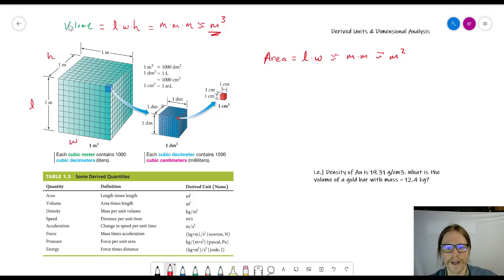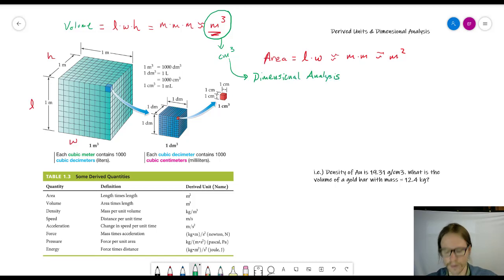What about if I have, say, this volume in meters cubed, but I want to convert this to, say, a volume in centimeters cubed? Well, I could do that with the trusty old dimensional analysis. So let's do this really quickly.